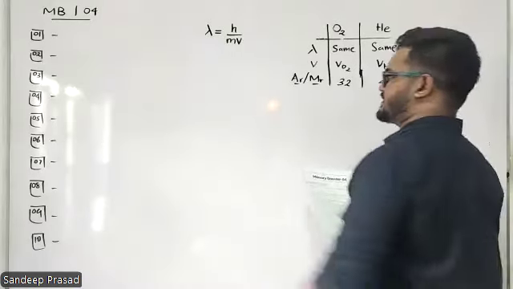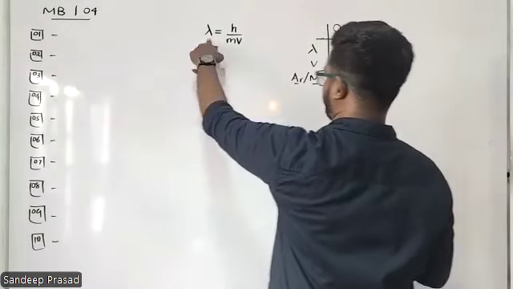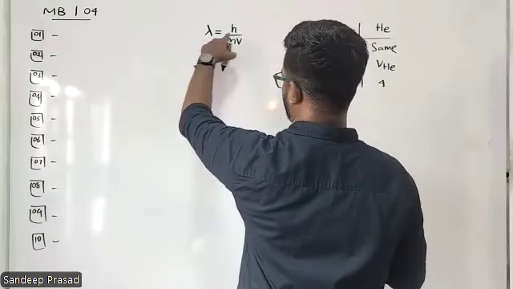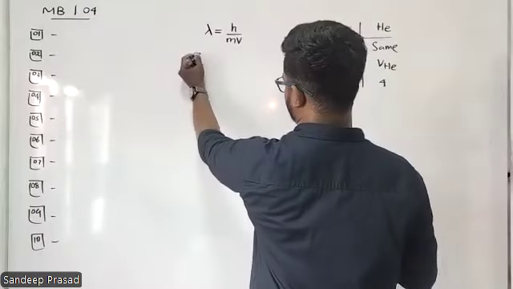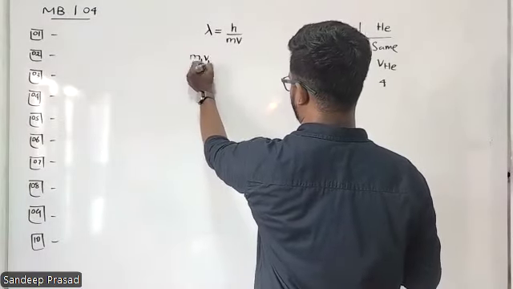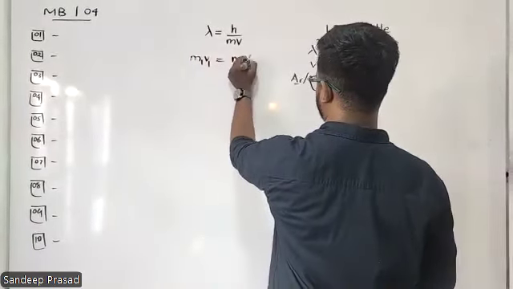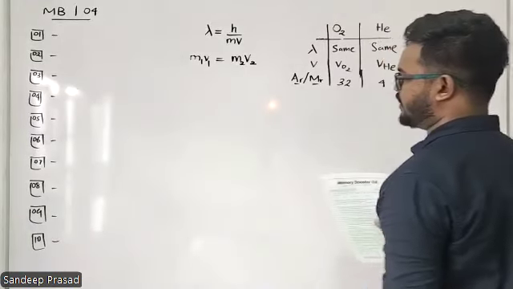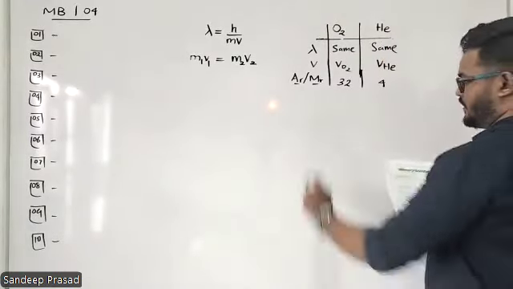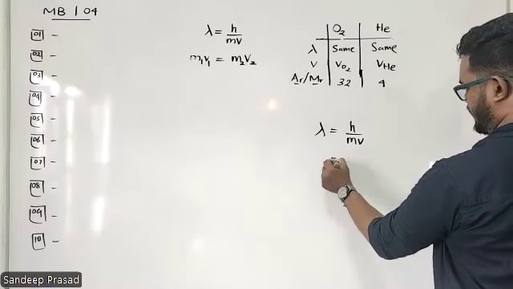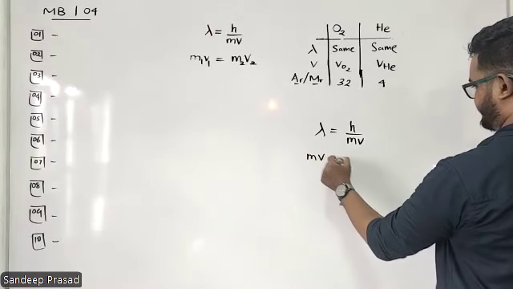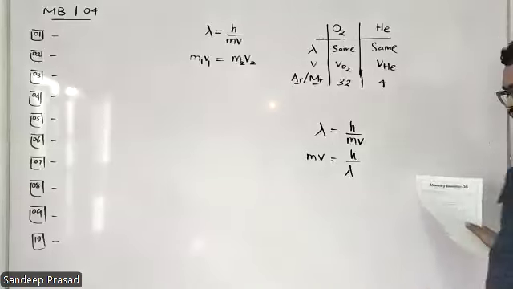Since they have given the same lambda, same wavelength, we can say that Planck's constant is a constant value. So we can say that M1 V1 equal M2 V2, right? Can you understand how I took that one? Now students, we know that lambda equals h over mv. Let me shift this mv term and I'll take lambda here.